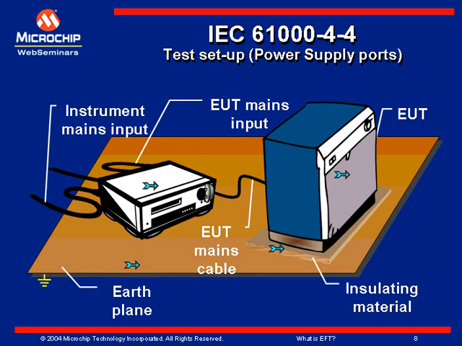Now this equipment generates fast transients or bursts, and it typically has two separate inputs. One is the instrument mains input, or instrument power input, that is used to operate this equipment, and the second one is the equipment under test mains input.